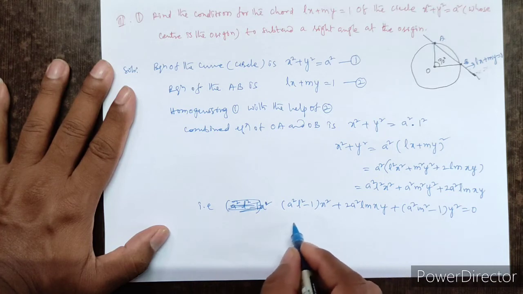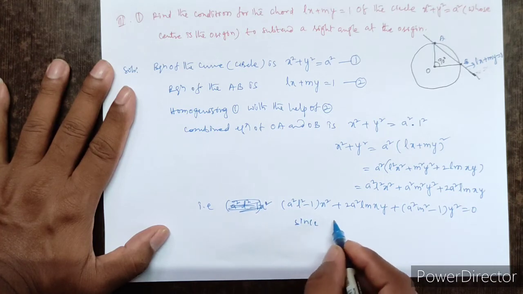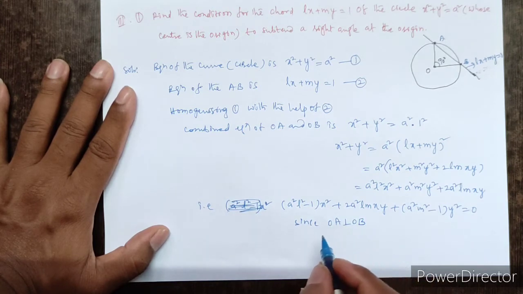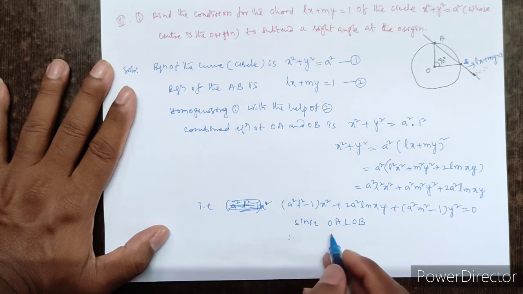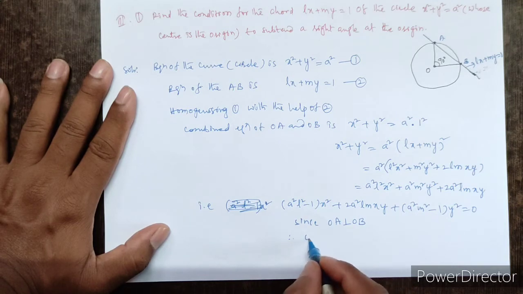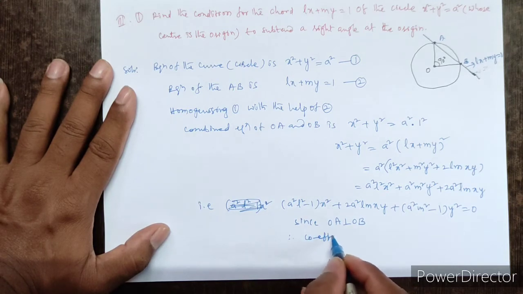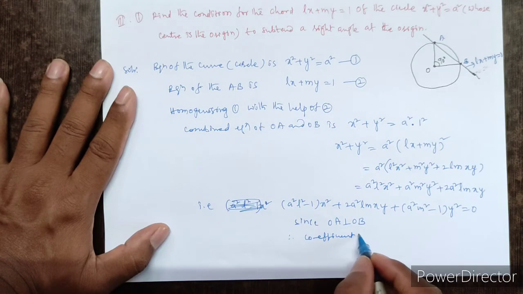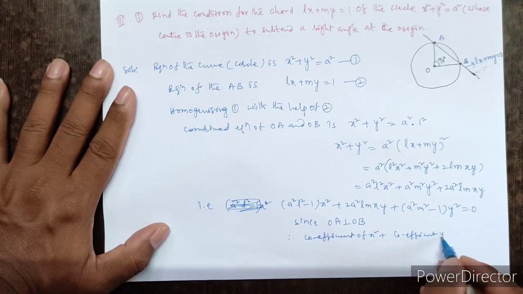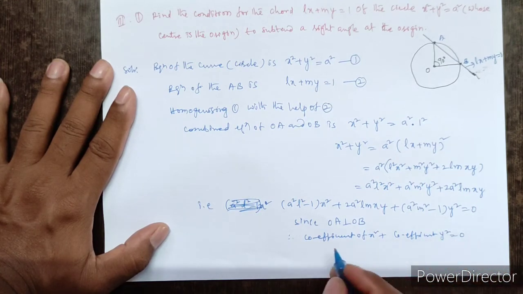Since they have given OA is perpendicular to OB, the condition for perpendicular is coefficient of x square plus coefficient of y square equal to 0.